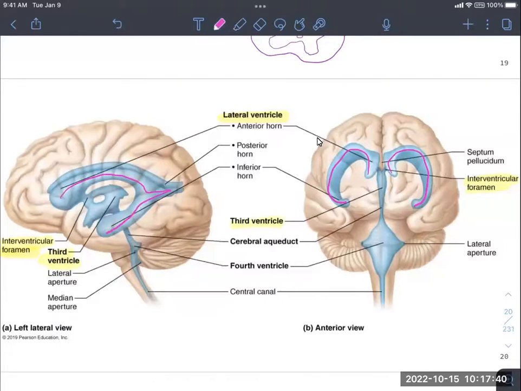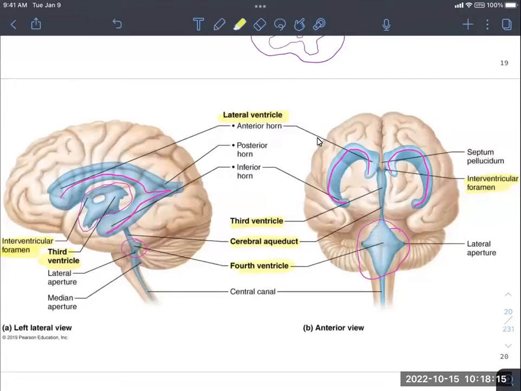From the side, that third ventricle almost looks like a bird's head, at least to me. But that's that third ventricle. And that third ventricle is connected to the fourth ventricle via that cerebral aqueduct. And that gets us to that fourth ventricle. Here is that fourth ventricle here, but you can see that fourth ventricle better from the anterior view.